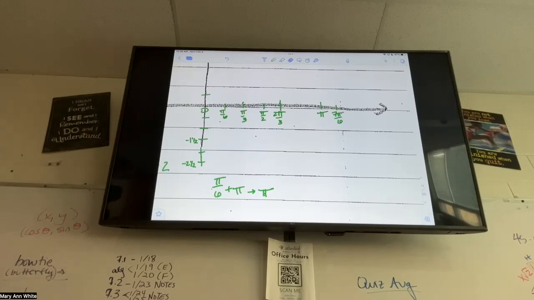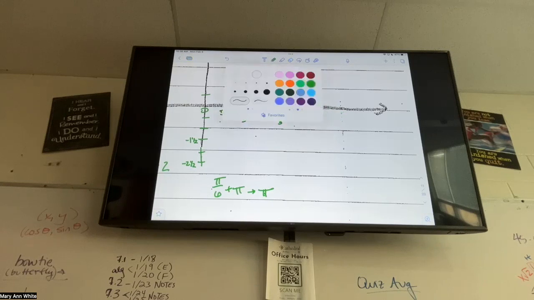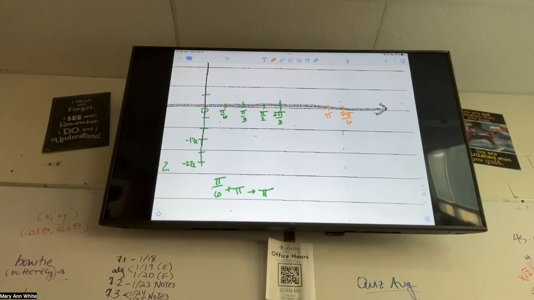Oh, maybe I should do this in orange. Let me keep my colors consistent. And then we're going to do pi over 3 plus pi, which is 4 pi over 3. Then we're going to do pi over 2 plus pi, which is 3 pi over 2.